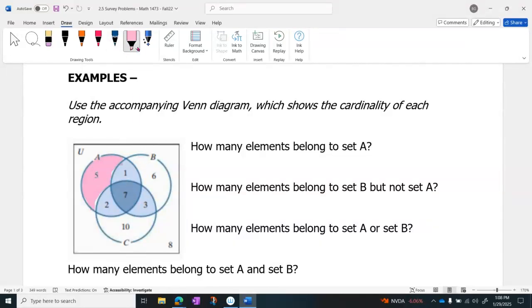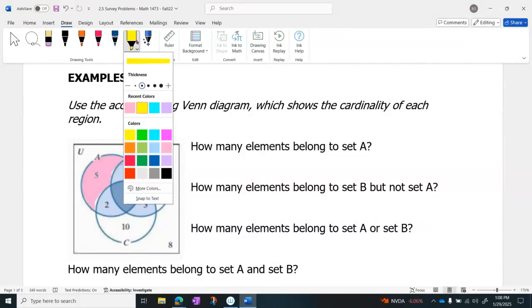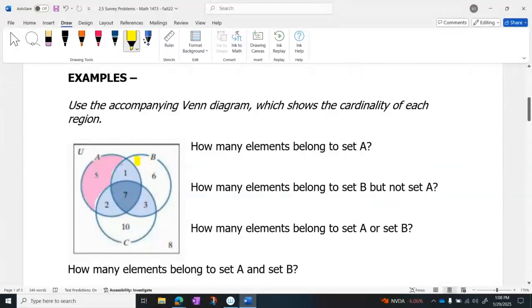Similarly, there are 6 elements in this region. Actually, I have the writing board. Let me use my stylus, make it easier.